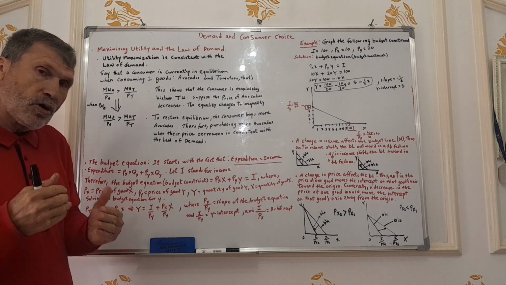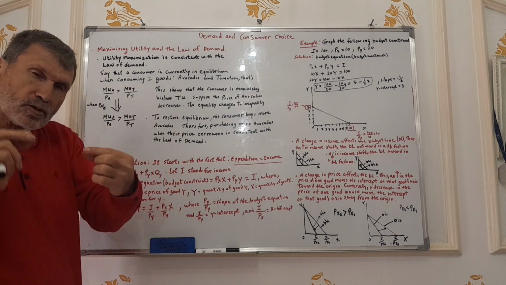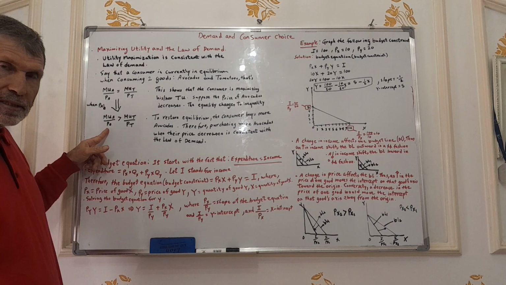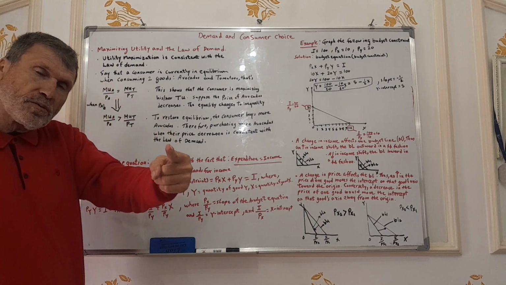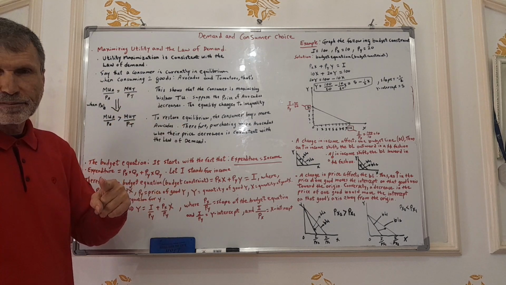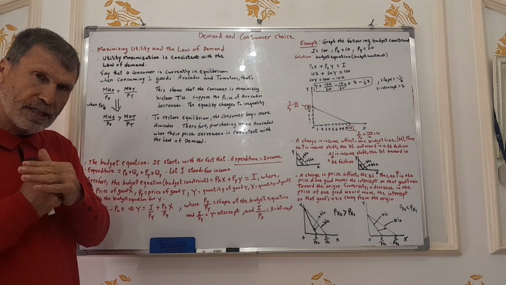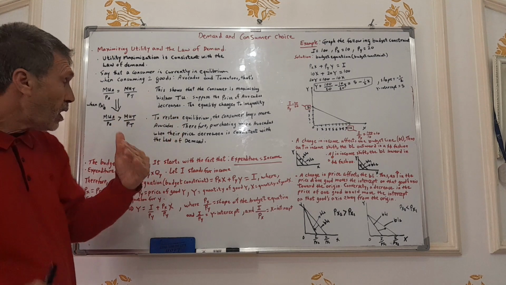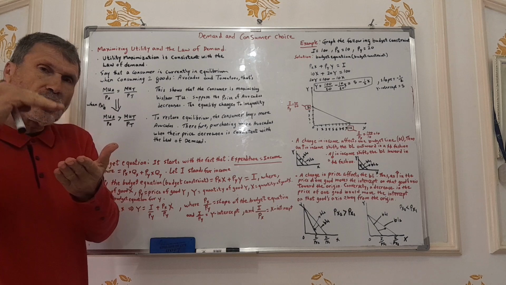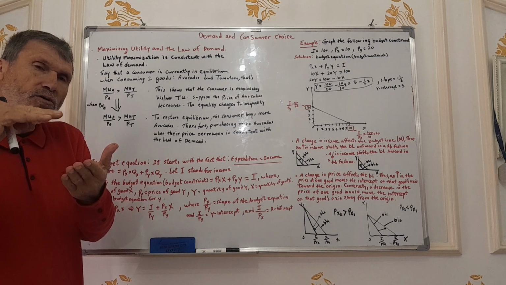So what happens? In order to restore equilibrium, to go back to equilibrium, the consumer must do something. Because the price of avocado decreases, in order to restore equilibrium, he should increase his consumption of avocado. When he increases his consumption of avocado, what happens here? Remember that more consumption of a good means that the marginal utility of that good will go down.